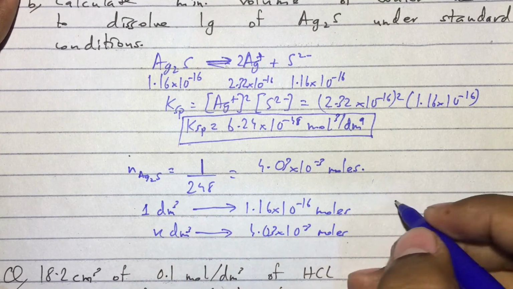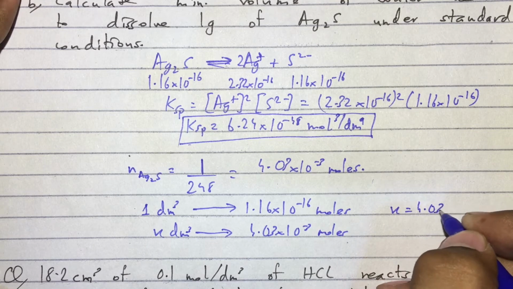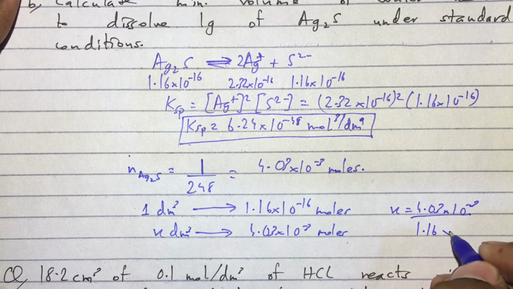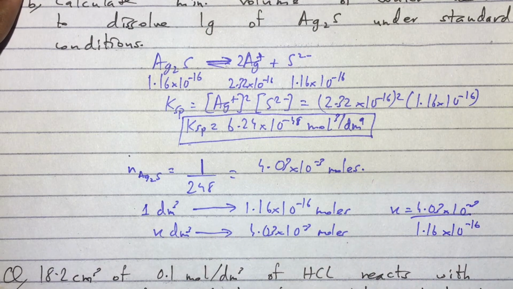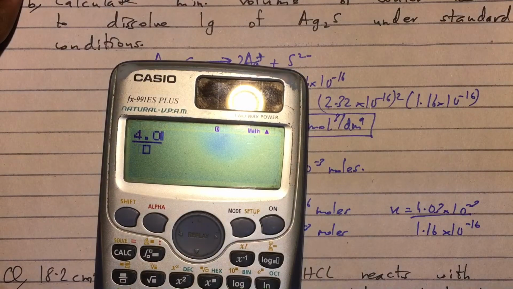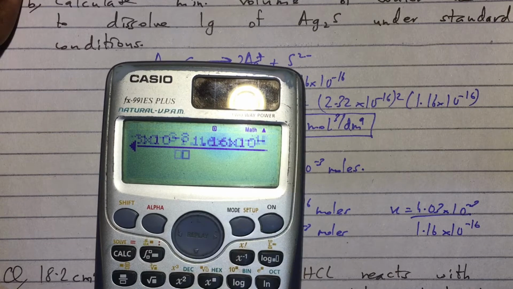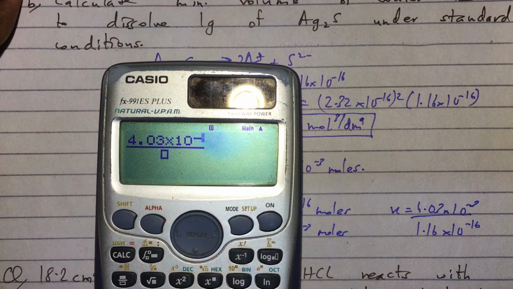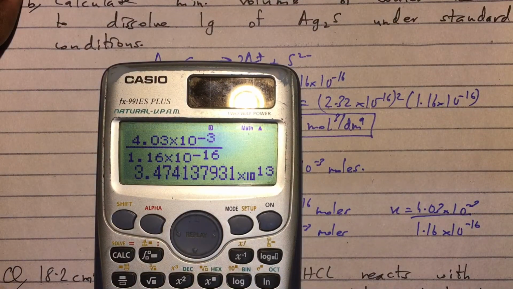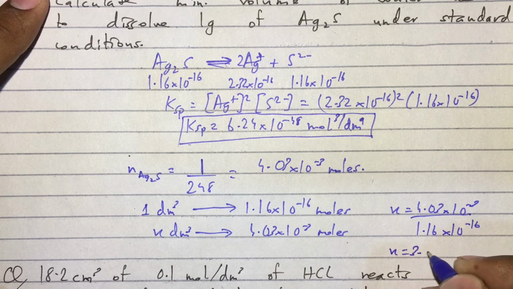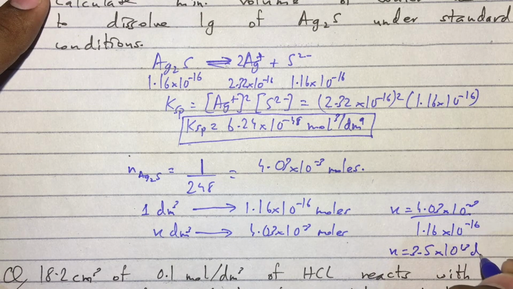Through cross multiplication, x is equal to 4.03 times 10 power negative 3 upon 1.16 times 10 power negative 16, which is 3.5 times 10 power 13 dm cube.